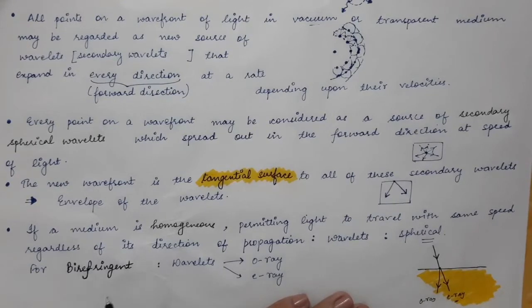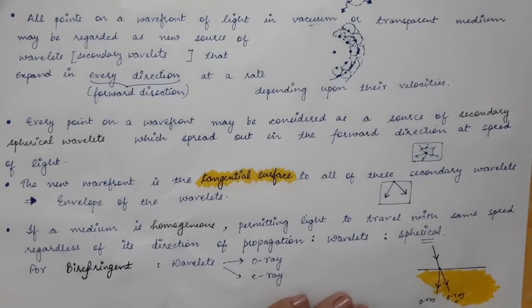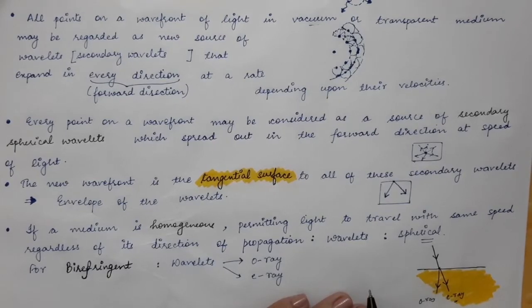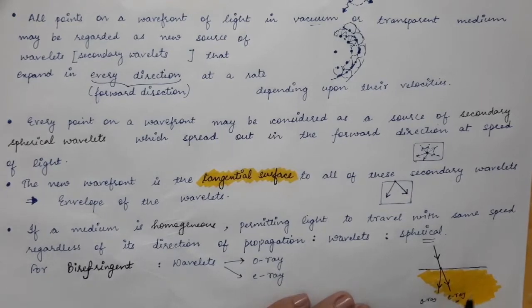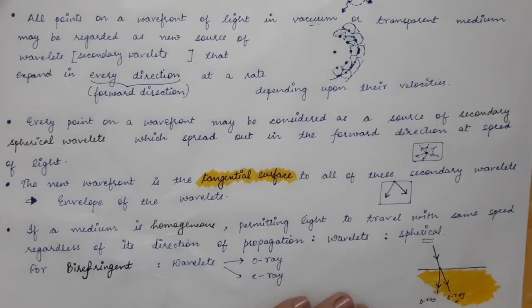For birefringent materials, we will now have two kinds of wavelets, because the E ray travels with different velocity in different directions, whereas the O ray behaves like an ordinary ray, so its velocity remains the same in all directions. The E ray is the extraordinary ray, and we have already seen that its velocity changes as you change its direction of propagation.